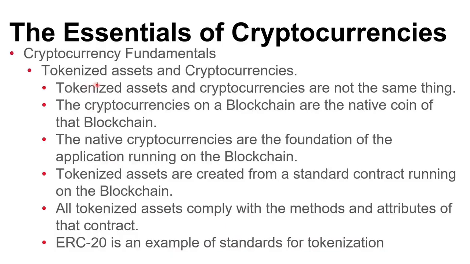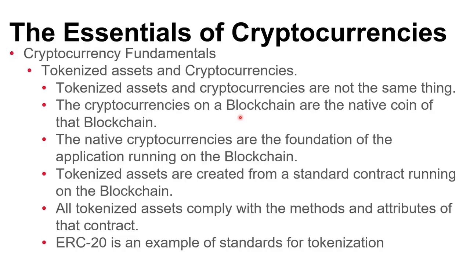We talked about before that we can tokenize assets as cryptocurrencies. But tokenized assets and cryptocurrencies are not the same thing. Cryptocurrencies on a blockchain are the native token. Transacting in this native token on the blockchain is the most efficient type of money transaction for these blockchains. The native cryptocurrencies are the foundations of the applications that are running on the blockchains.